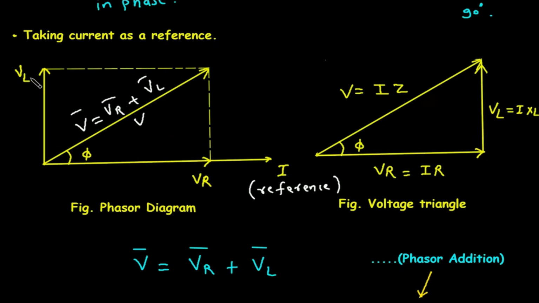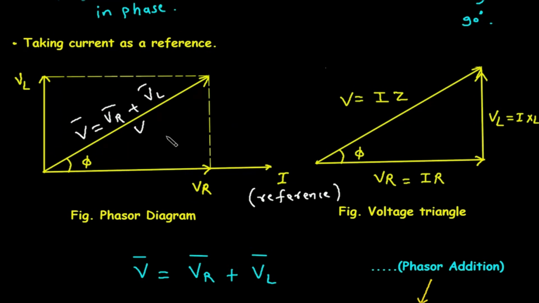Here this VL is leading this current I by 90 degrees. This is the applied voltage V. In case of a DC circuit, according to KVL, V is equal to VR plus VL. But since this is an AC circuit, the applied voltage will be the phasor addition of VR and VL.